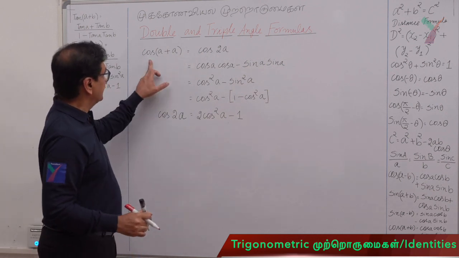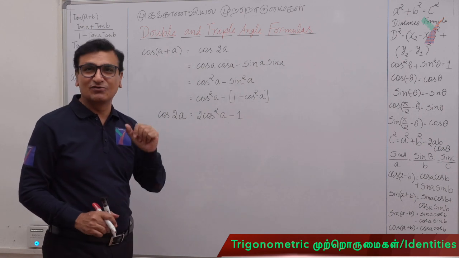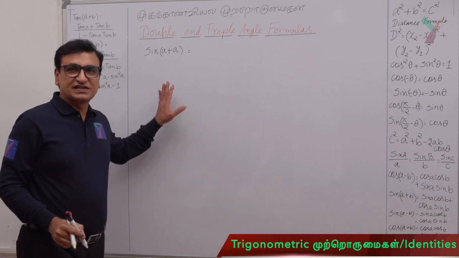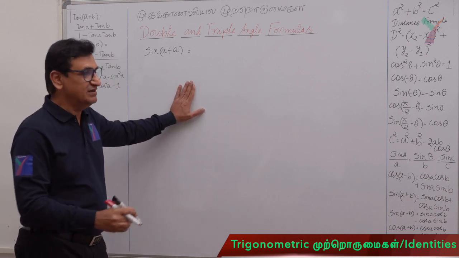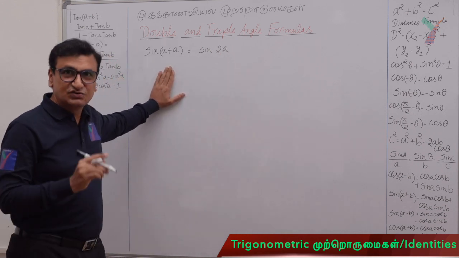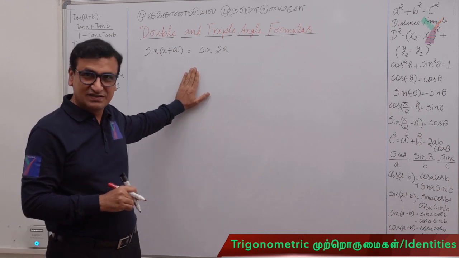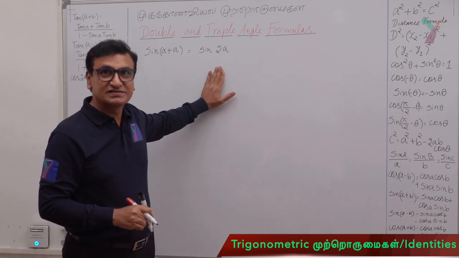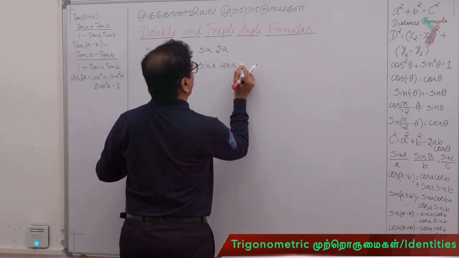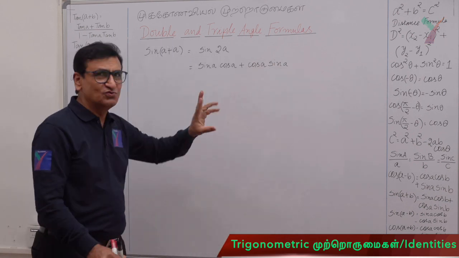Next, same way, instead of cos A plus A, I'm going to write sin A plus A. Let's see what happens. So sin A plus A is sin 2A, and the same thing using the sin A plus B formula is sin A cos A plus cos A sin A. Now look at the two expressions, both are the same term, aren't they?